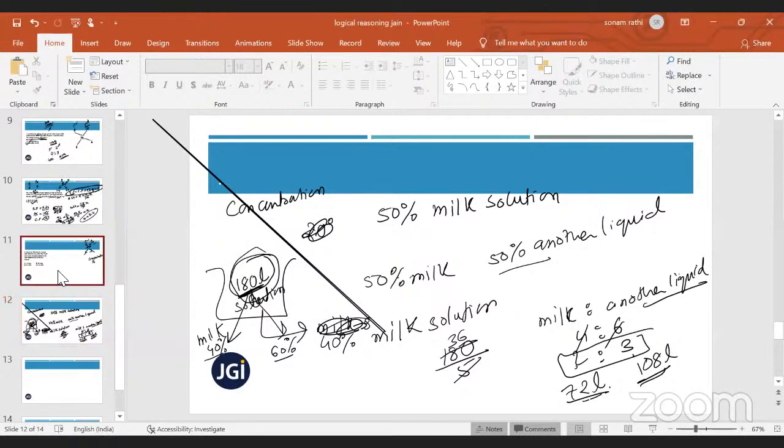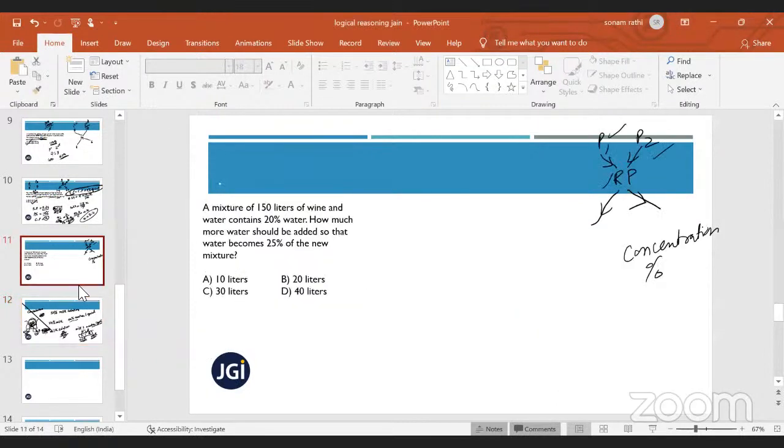Okay, now moving back to our question. A mixture of 150 liter of wine and water contains 20% water. So the total mixture is 150 liter. In this, what is wine to water?